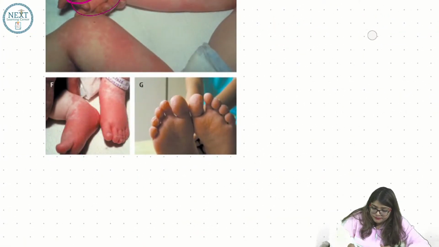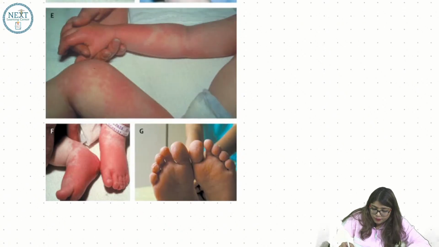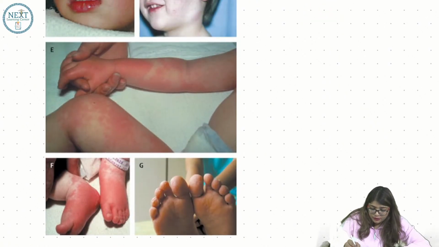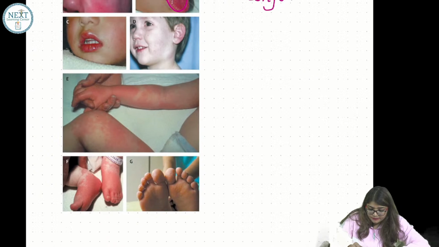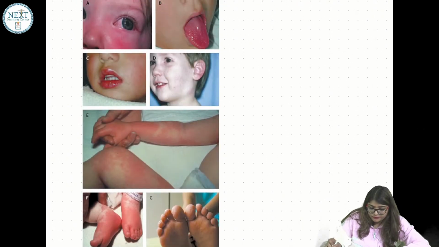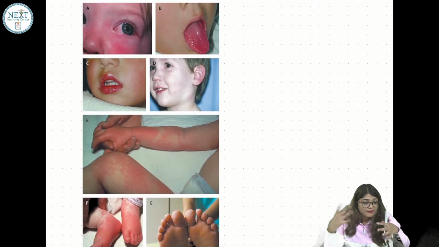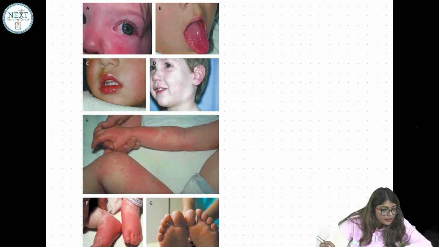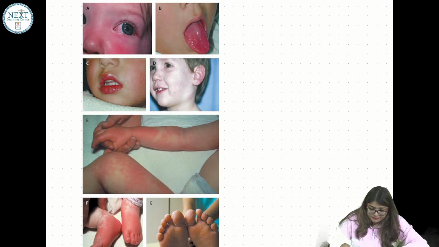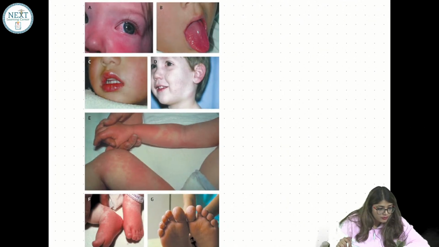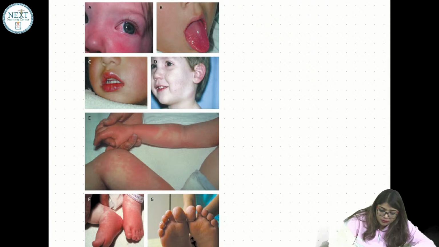What about this one? Can you see this? Can you look at this image? I did this in one of the sessions and I was thinking we can have that. So many of you are telling me hand, foot, mouth disease, but look at it.